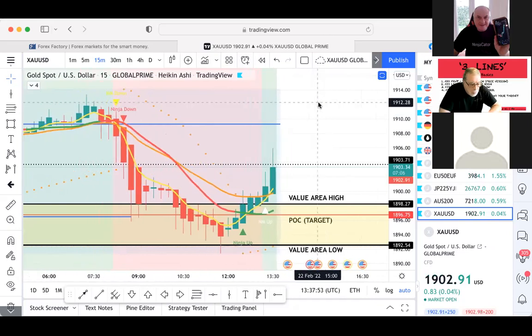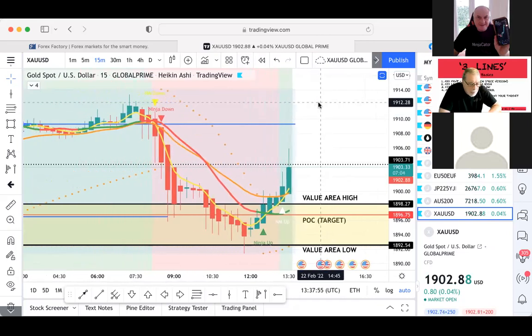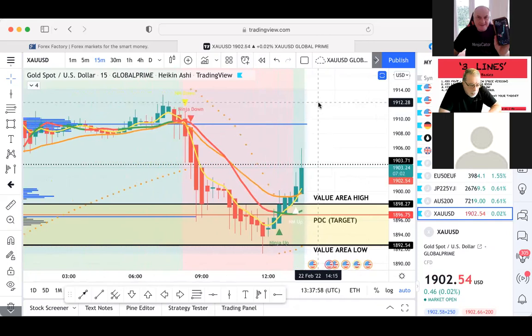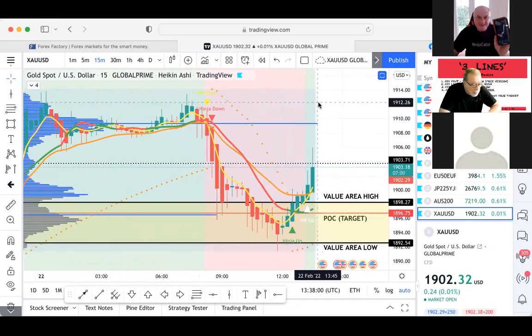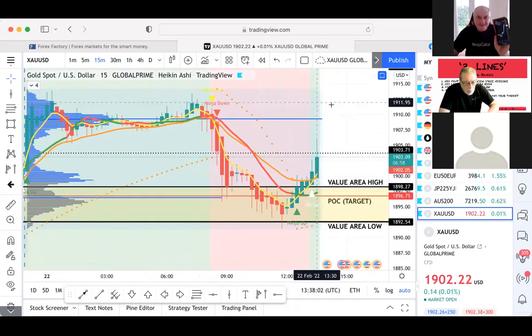Right. So until something happens, there's not a lot more that I can talk about on this particular chart. What I can move on to, if you like, is, I'll just move you guys out of the way.